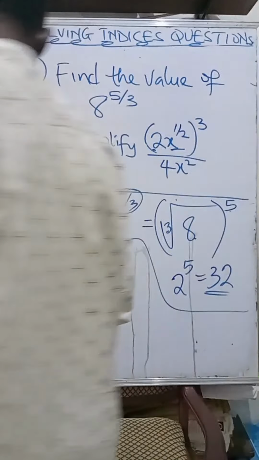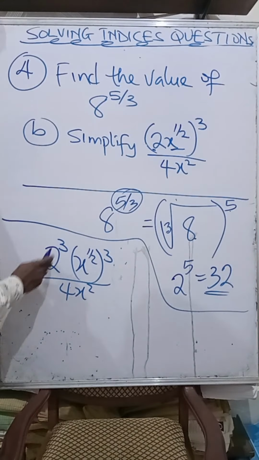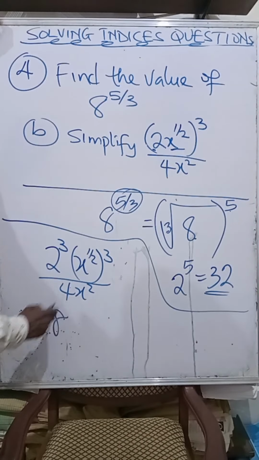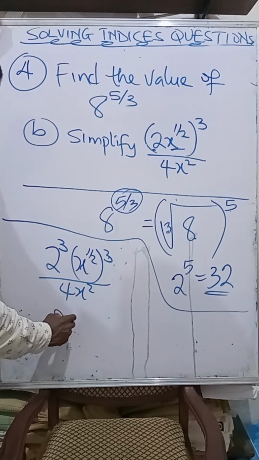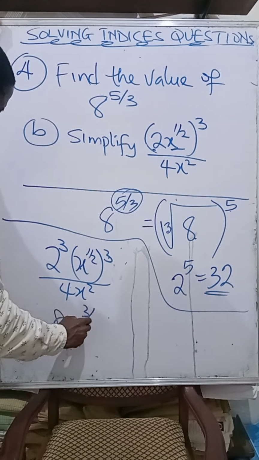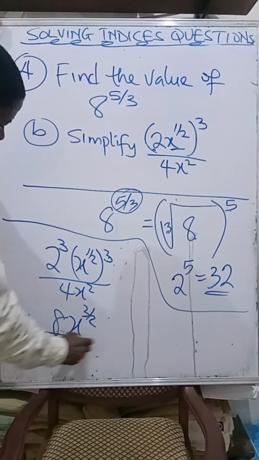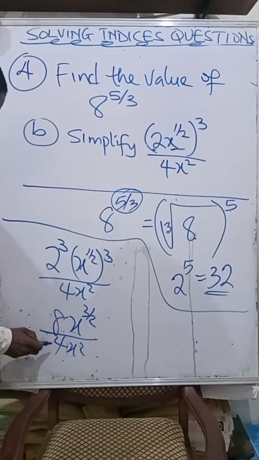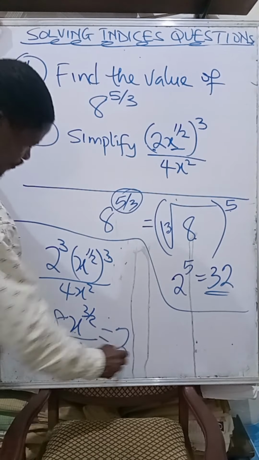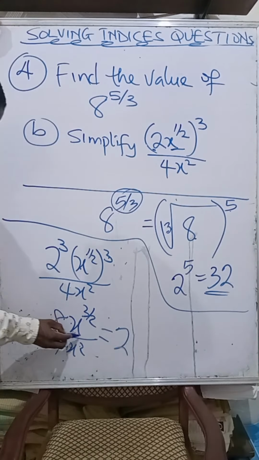So we now have 2 to power 3 is 8. This one will be half times 3. That's our x to the 3 over 2, over 4x squared. 8 over 4, that's 2. Then this one, they have the same base.